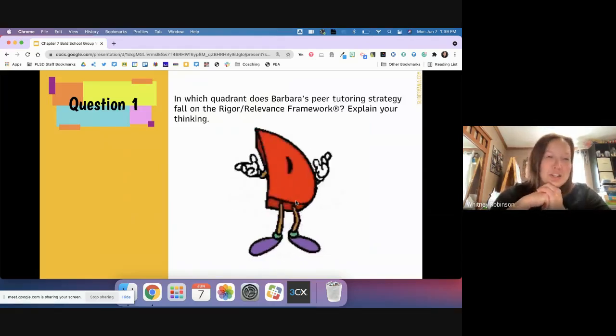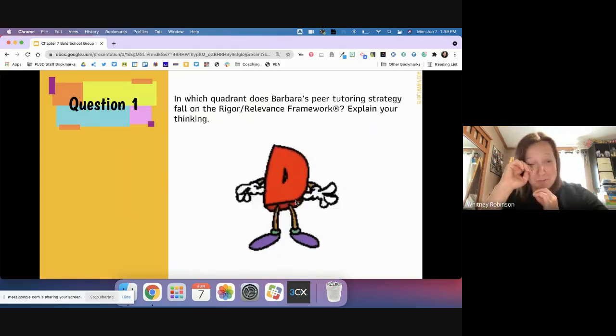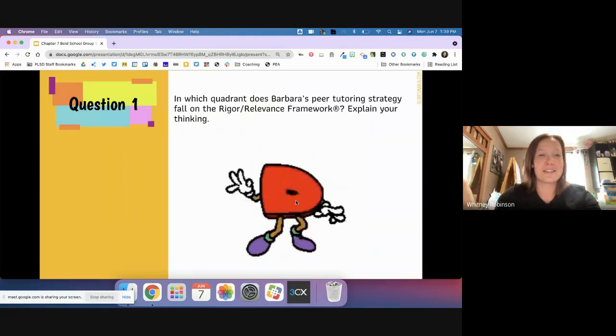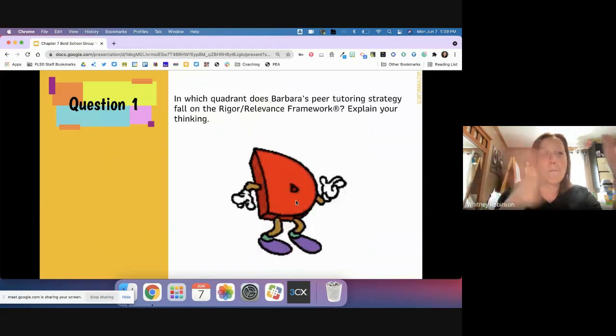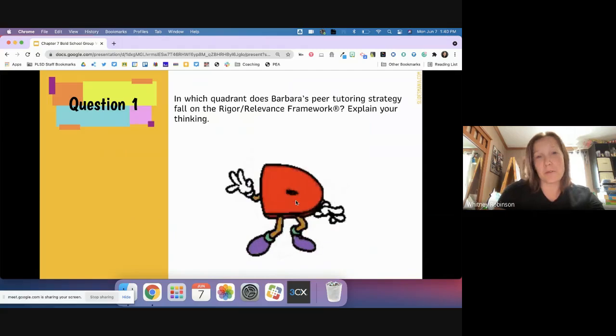For the first question, I feel like we kind of hit the jackpot on these questions because they were actually pretty easy. So which quadrant does the peer tutoring strategy fall in on rigor and relevance? So backing up a little bit, it specifically references Barbara's peer tutoring.